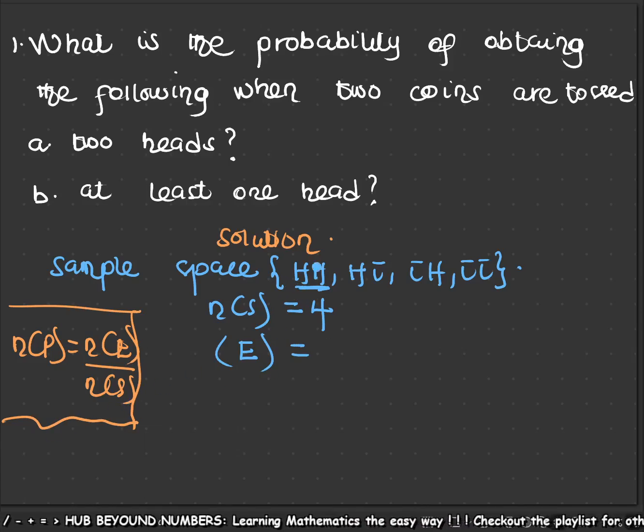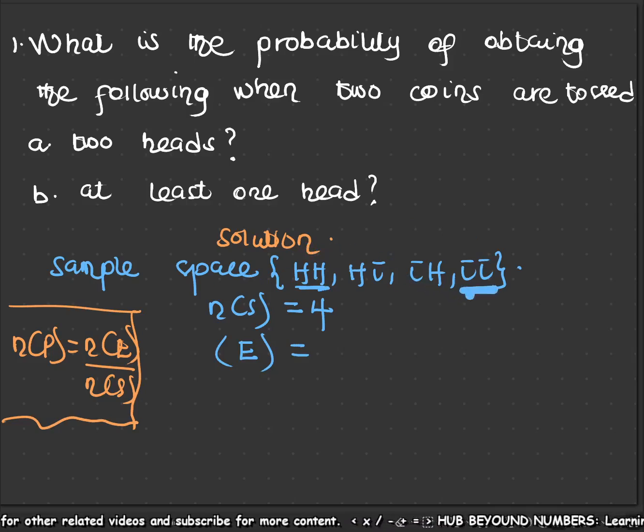This one here satisfies that condition because it has two heads. This over here also has at least one head. And this over here also has at least one head. The only element in our sample space that doesn't satisfy that condition is this over here. That is the two tails. You see, the two tails.